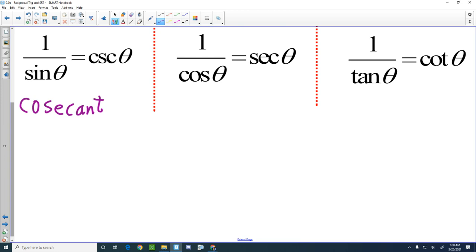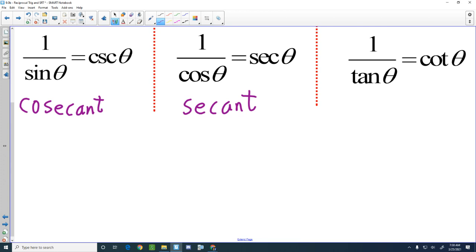Any guess as to what 1 over cosine is? Just the secant. So you might have noticed that these first two are kind of similar with their naming. If you think about sine and cosine, aren't those almost the same word? Just one of them has co in front of it. The reciprocals are the same way. Secant and cosecant. So these four are very similar. One of them just has the co, one of them doesn't.